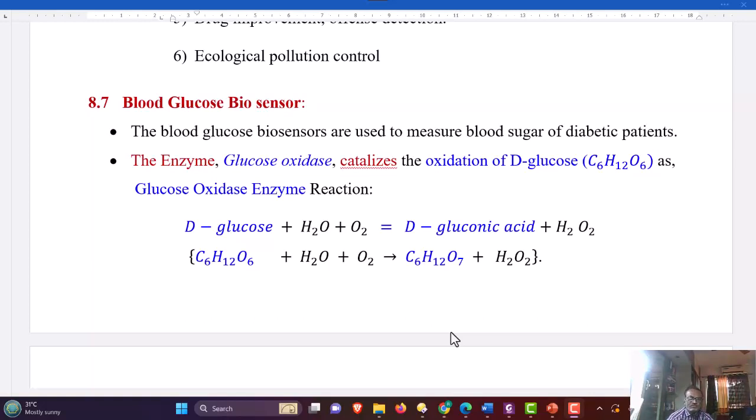The reaction is shown below: D-glucose plus H2O plus O2 gives rise to D-gluconic acid and H2O2. D-gluconic acid changes the pH value of the sample, and the oxygen content changes. Those can be detected by using this glucose biosensor.